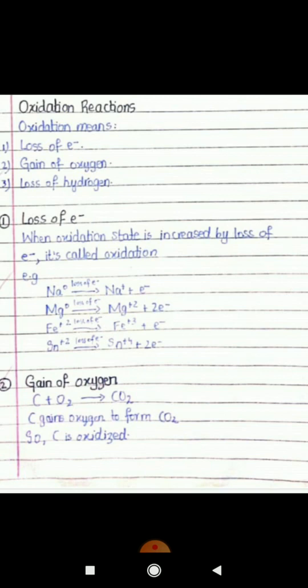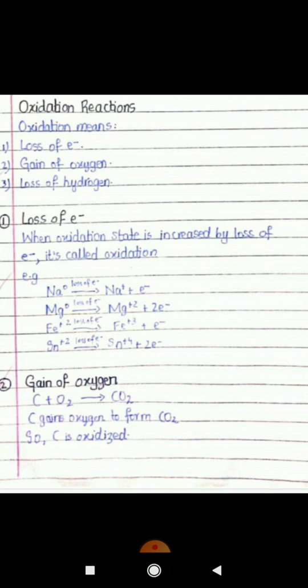When it loses 2 electrons, its oxidation state increases to +4. When its oxidation state changes from 2 to 4, it is an oxidation reaction. Oxidation means loss of electron. When oxidation state is increased by loss of electron, it is called oxidation.